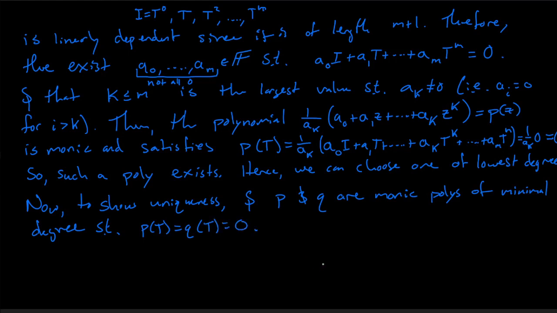Agree with that? Okay. Now, P minus Q of t equals 0 as well. So take the difference of these two polynomials.